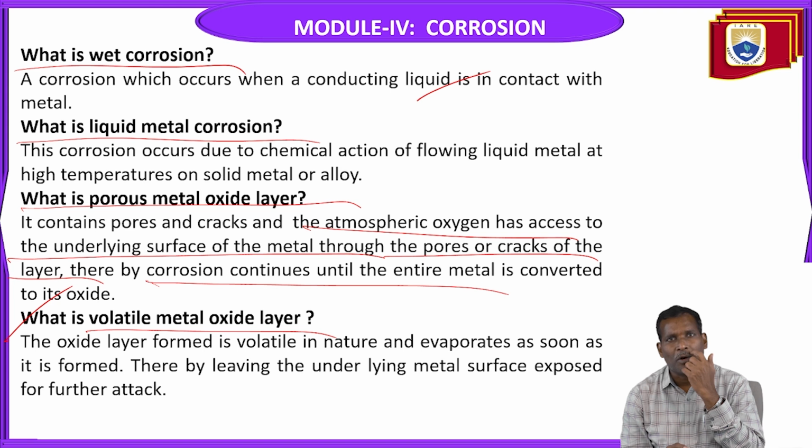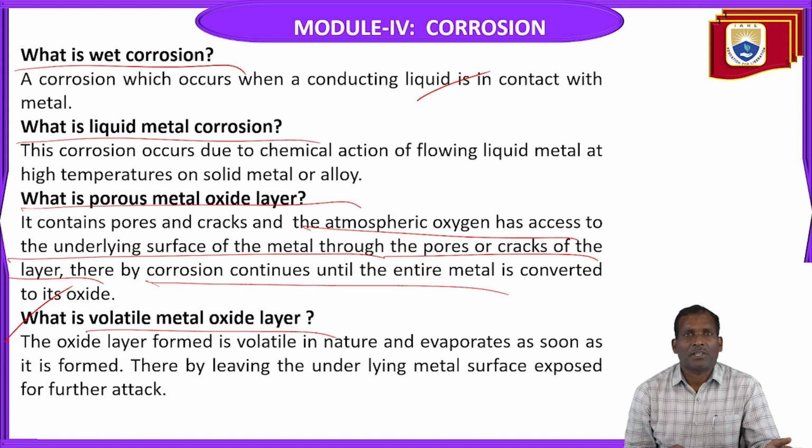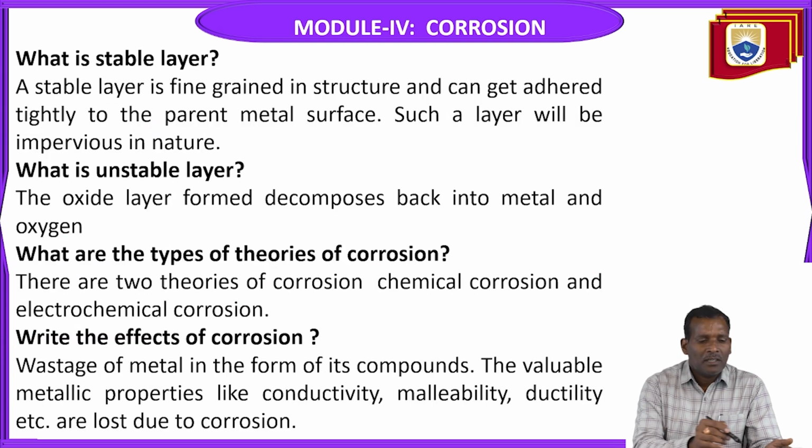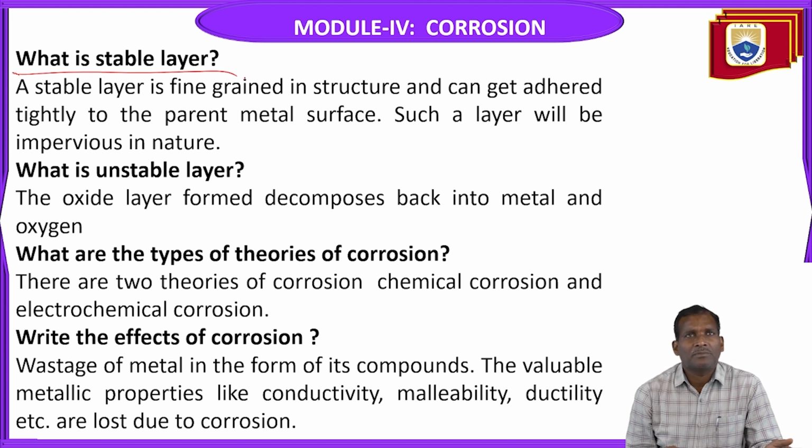This type of layer is called a volatile metal oxide layer. Next, what is a stable layer? A stable layer is fine grained in structure. Fine grains can adhere tightly to the parent metal surface. Such a layer will be impervious in nature.